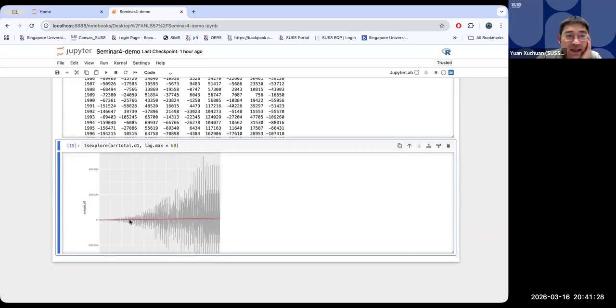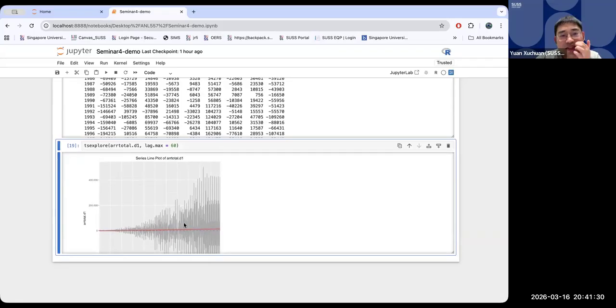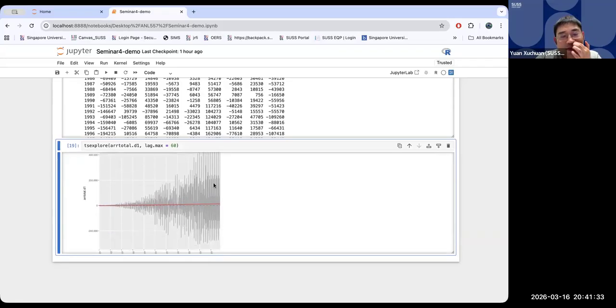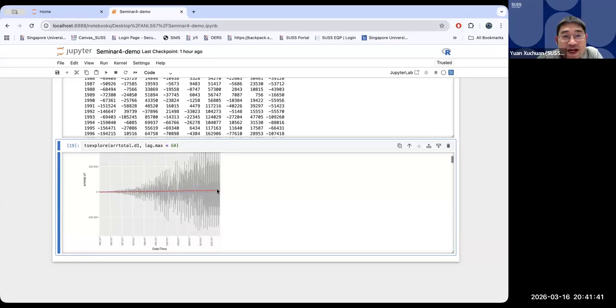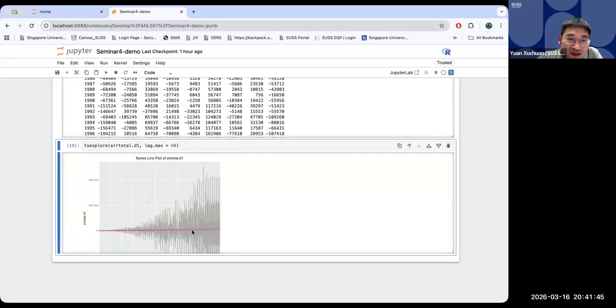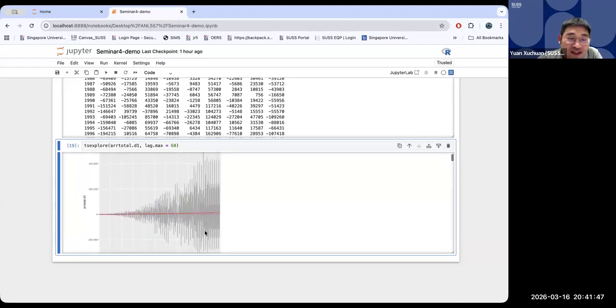If you look at the line plot, you will see that the variance actually is not constant, right? The variance becomes bigger and bigger. And if you look at the trend, or the mean, the red line refers to this linear trend.